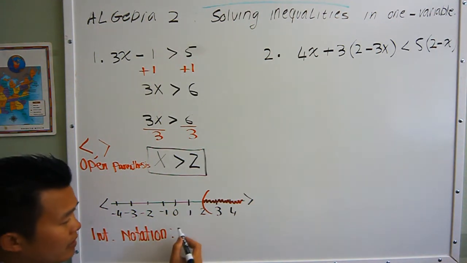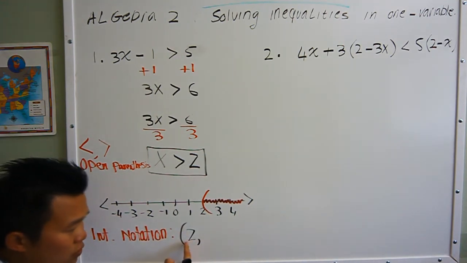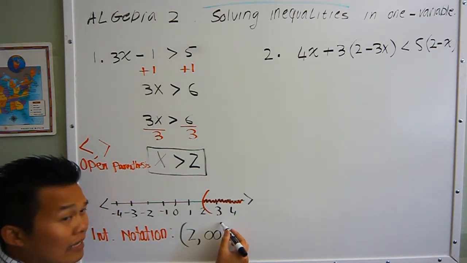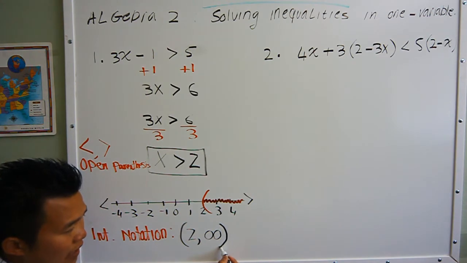The way we represent that is parentheses, 2. That's where it starts, after 2. And then it goes all the way to infinity. Keep in mind that at infinity, it's always open. In other words, we always use a parentheses at infinity.